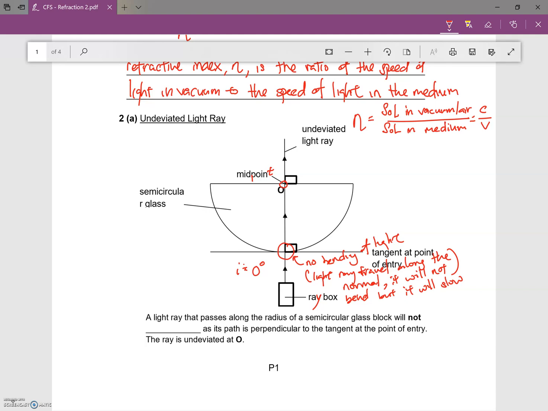So a light ray that passes along the radius of a semicircle glass box will not bend as its path is perpendicular to the tangent at the point of entry. That means it's traveling along the normal. So just take note of this.